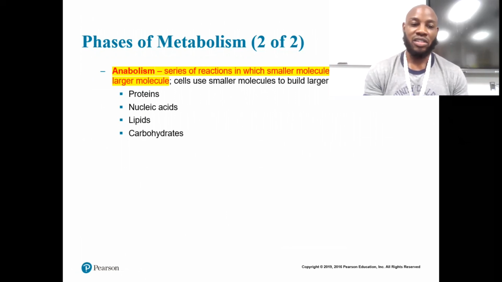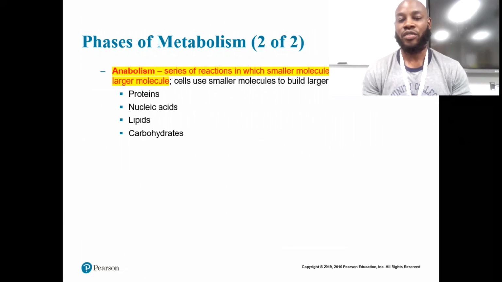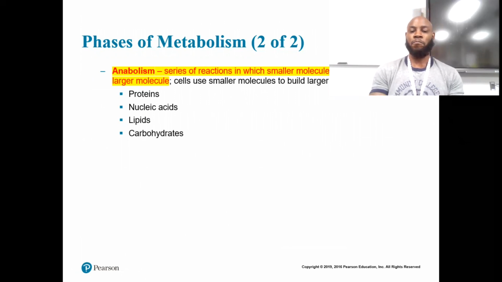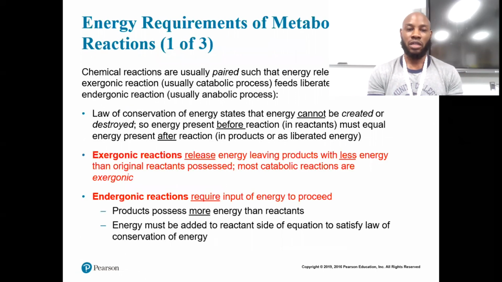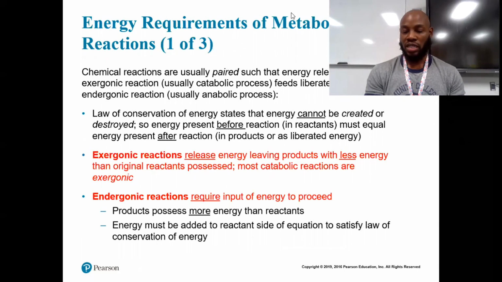Nucleic acids, lipids: we can build fat, carbohydrates. All these things can be built in the body. So catabolic reactions break down, anabolic reactions build up. Reactions generally either use energy or they release energy, very simply.